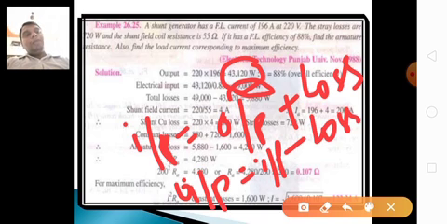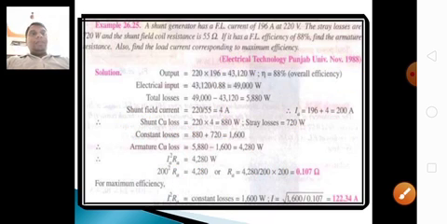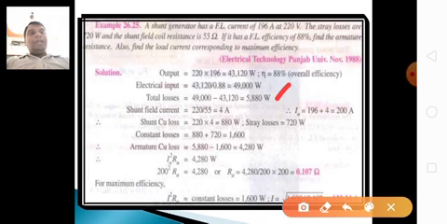Choose any formula. From this we find the value of loss: loss is equal to input minus output, 49,000 minus 43,120, so the loss is 5,880.